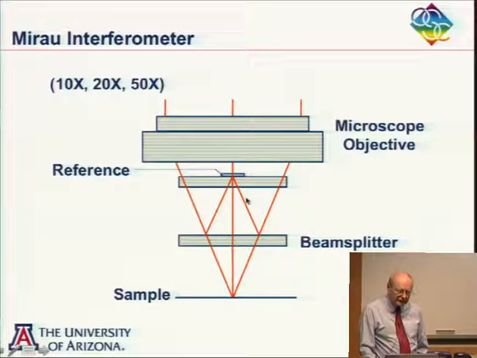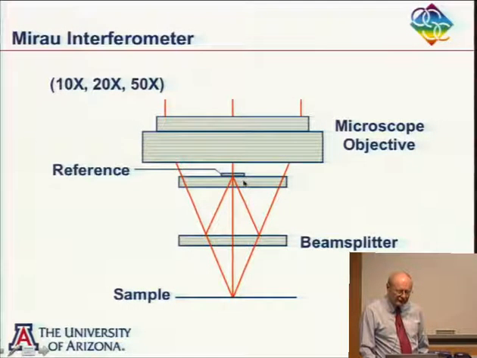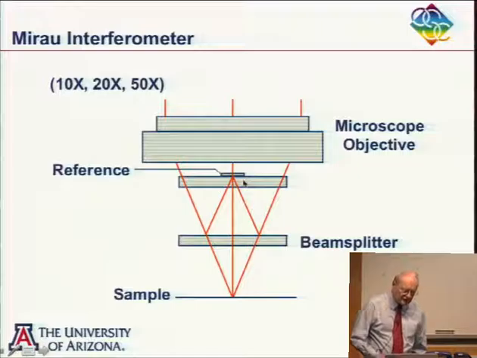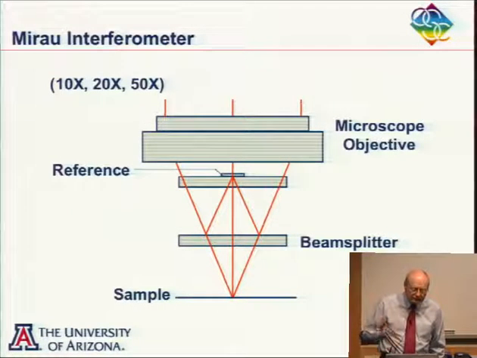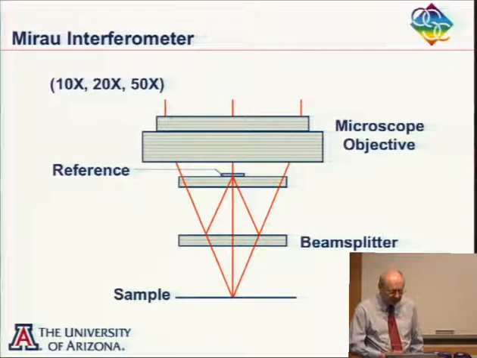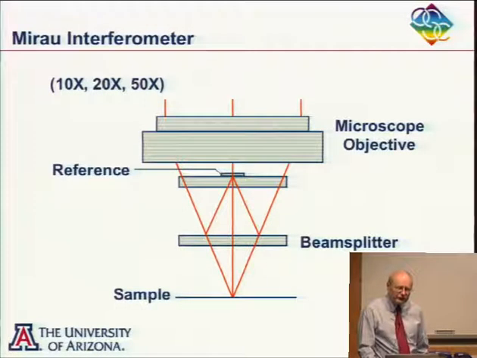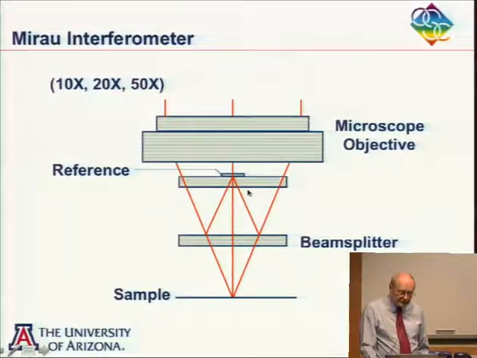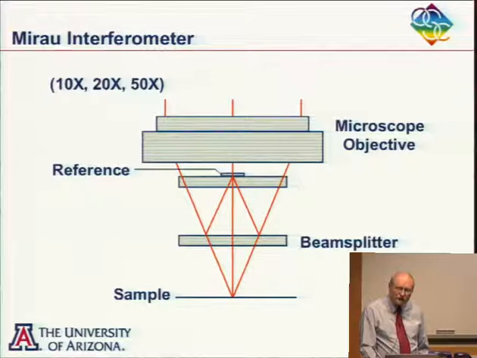And the best one of these, the reference has maybe a 3 angstrom RMS roughness. It's pretty hard to get one that's better than that unless you build your own. The commercial ones, the good ones, are on the order of about 3 angstroms RMS. Any questions on this?